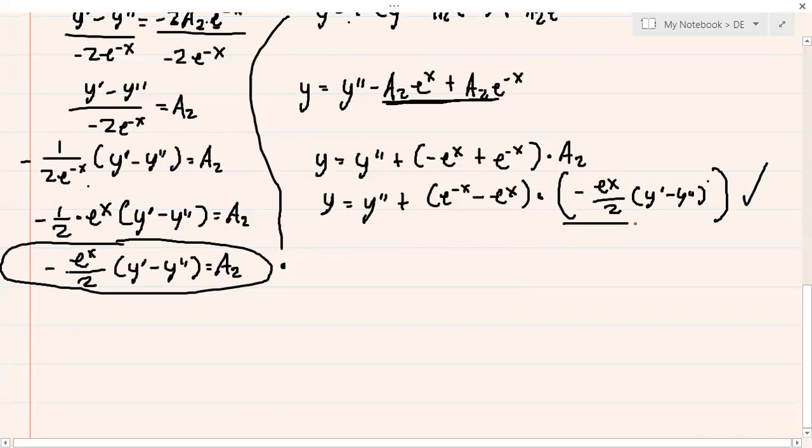So let's distribute the given a sub 2 into this parenthesis with the exponential functions.